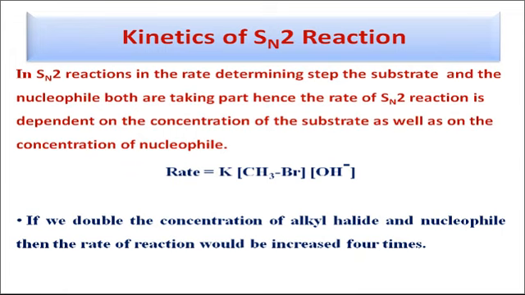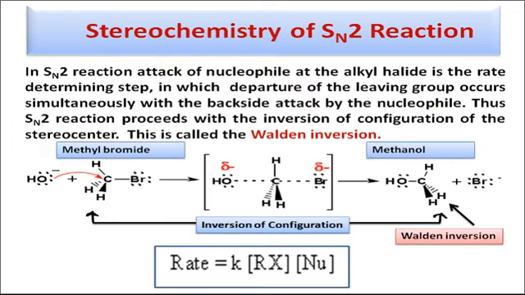Now let us discuss the kinetics of the SN2 reactions. We know these reactions proceed in one step only. In this step, both the species, the substrate molecule as well as the nucleophile, take part.